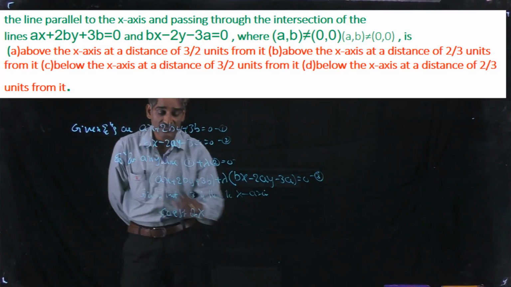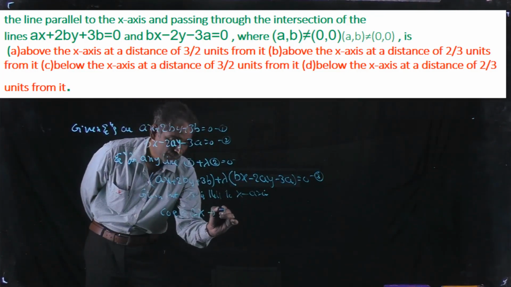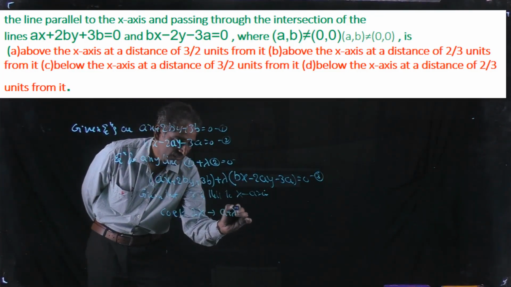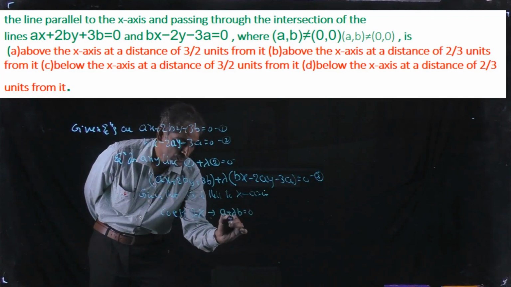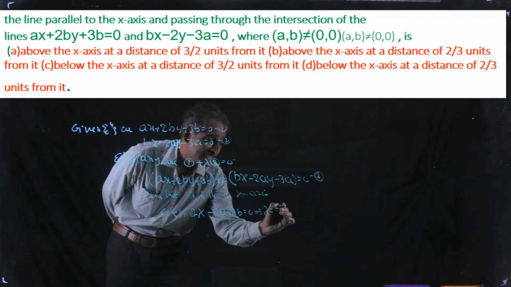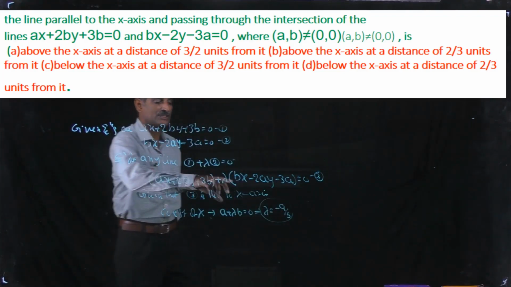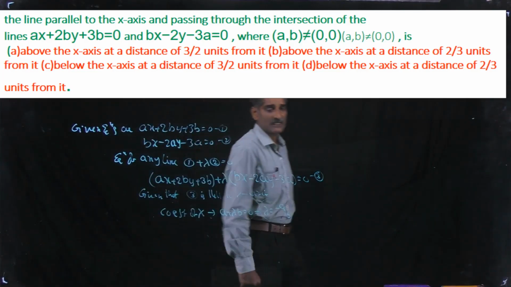What is the coefficient of x? a plus lambda b. a plus lambda b equal to 0. This implies lambda is equal to minus a by b. Just substitute the lambda value in equation 3, and we will get the result.